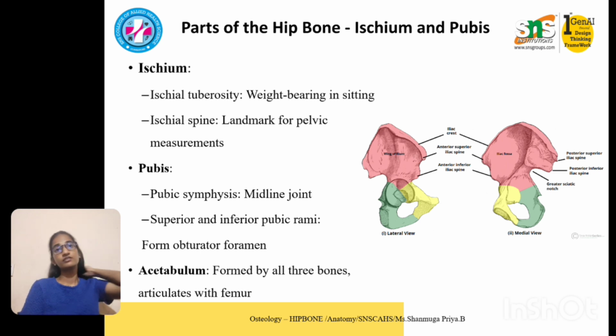Next, we have the pubis, which is the anterior inferior part, featuring the pubic symphysis at the midline, and the superior and inferior pubic rami that help to form the obturator foramen, a large opening for vessels and nerves. The acetabulum is contributed to by all three bones and articulates with the femur. Check the labeled views on the slide for these structures.